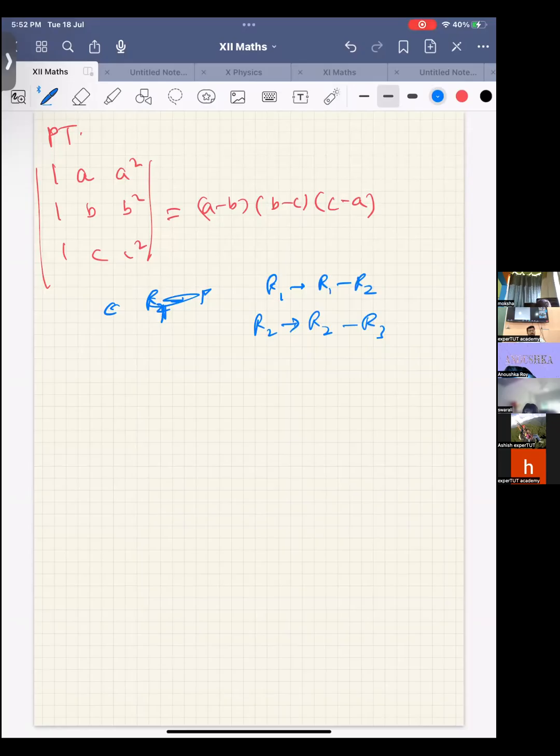You do these two steps, you will realize what to do. Do R1 is R1 minus R2 and R2 is R2 minus R3. First write what I said and do it, you will understand. Do R1 is R1 minus R2 and R2 is R2 minus R3.